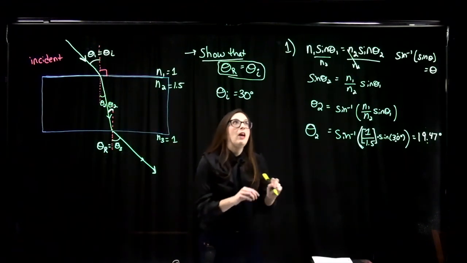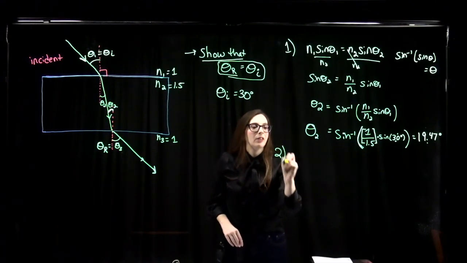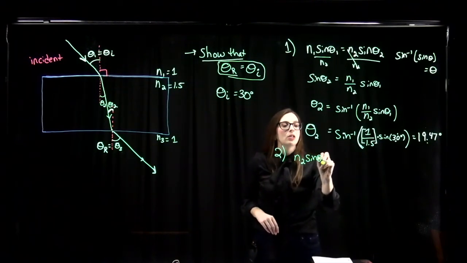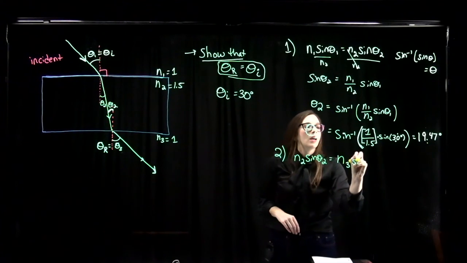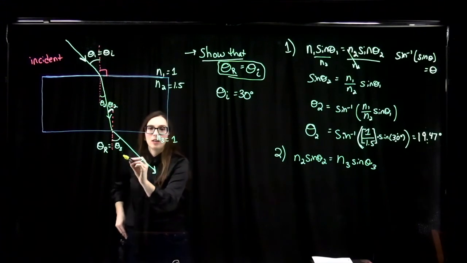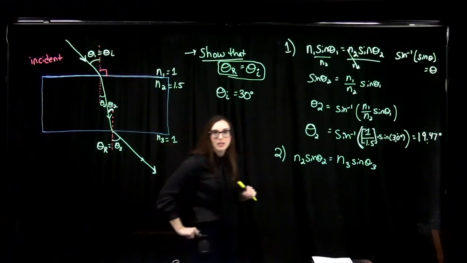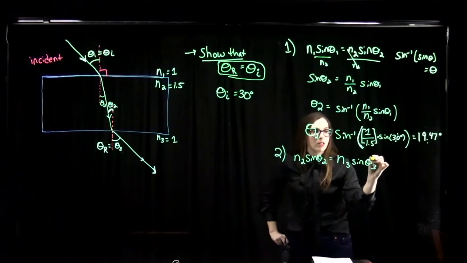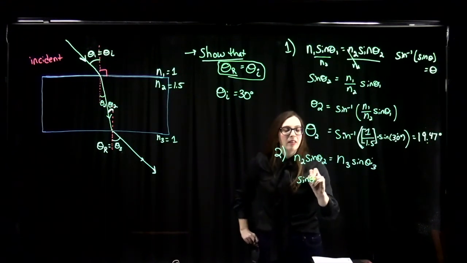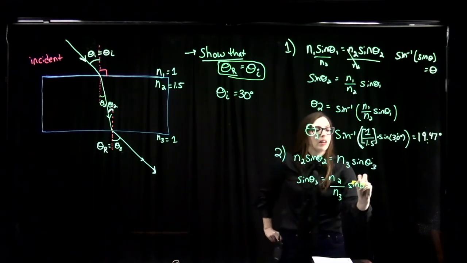Now for my second interface, we're going to use Snell's law a second time. Here's my second interface. This time I've got n2 sine theta 2 equals n3 sine theta 3. We need to get at this angle theta 3, my angle of refraction when this ray exits the material through both of those interfaces. So I've got to solve this equation for theta 3. Just like we did up here, sine theta 3 equals n2 over n3 sine theta 2.